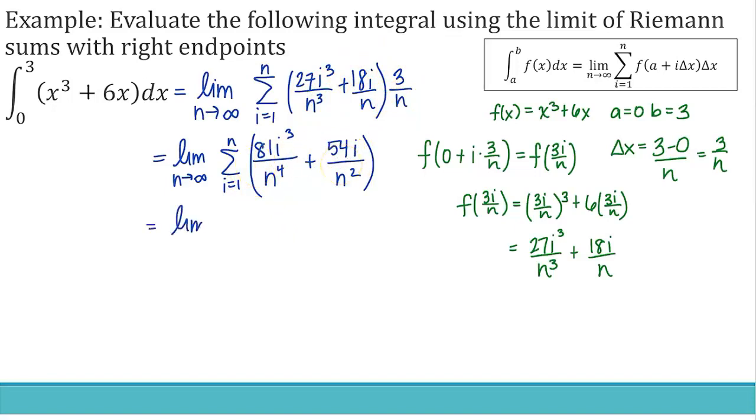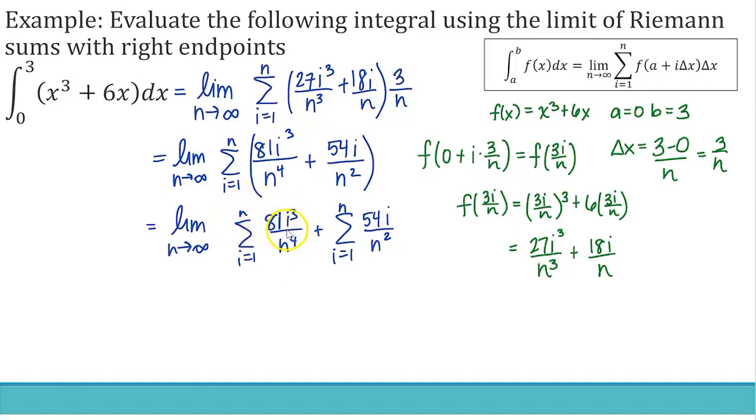So this is the limit as n approaches infinity of the sum of i equals 1 to n of 81i cubed over n to the 4th plus the sum of i equals 1 to n of 54i over n squared.